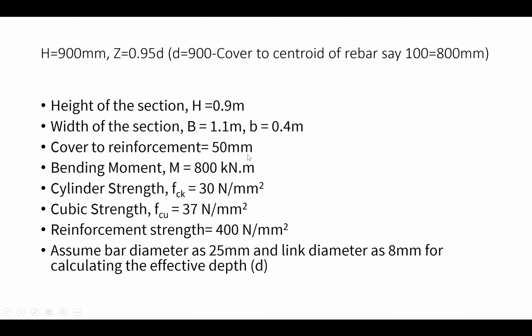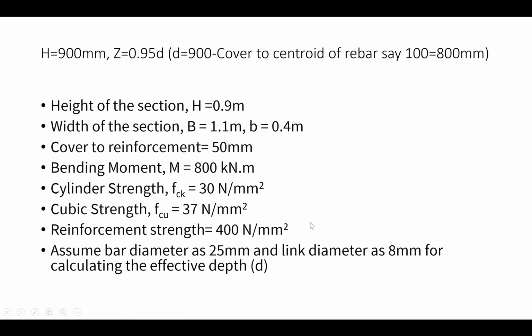The cover to reinforcement is 50 millimeter, then the ultimate bending moment, the cylinder strength for Eurocode 2 and cube strength for the British standard code, and the reinforcement strength.